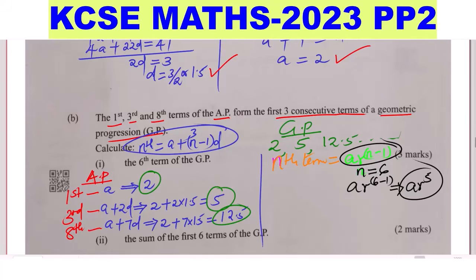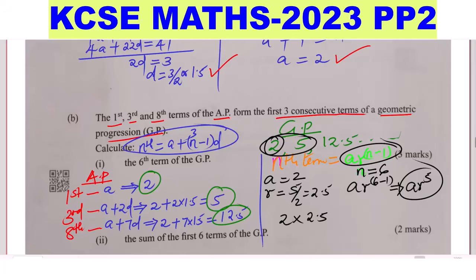Now what we need to get is A, the first term of the GP, which is here, it is 2. Then we need R. R is the common ratio. How do we get the common ratio? We simply take the ratio of the 2 consecutive terms. For example, I can consider between 2 and 5. So using these, to get the ratio, you just take 5 divided by 2. So the common ratio is 2.5. So now we just need to substitute. So the 6th term is therefore A, which is 2, multiplied by R. R is 2.5.